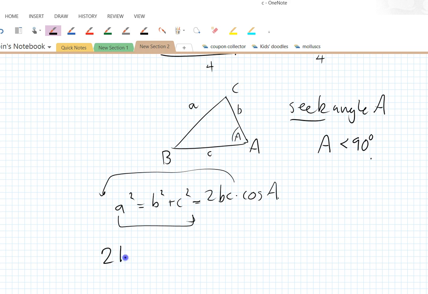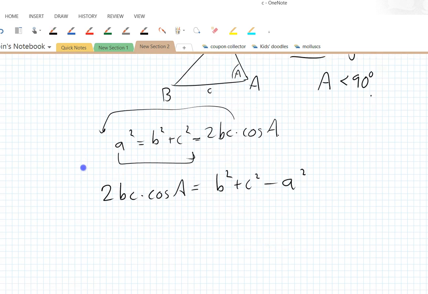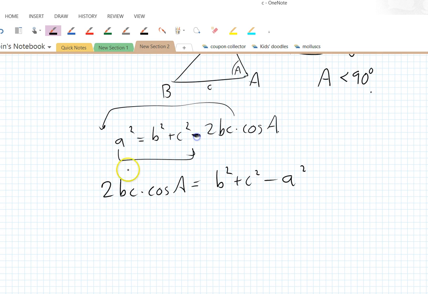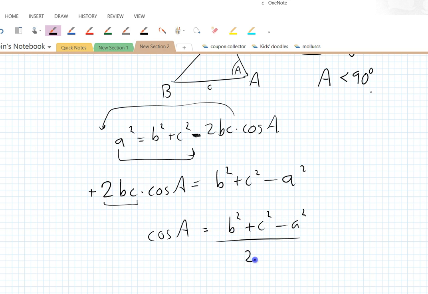So I say that 2BC times cos A equals B squared plus C squared, those two terms were there already, minus A squared, which is there, so it turns into a minus. And of course the negative sign turns into a plus sign here. And then I'm going to take this 2BC over the other side. So cos A equals B squared plus C squared minus A squared over 2BC.